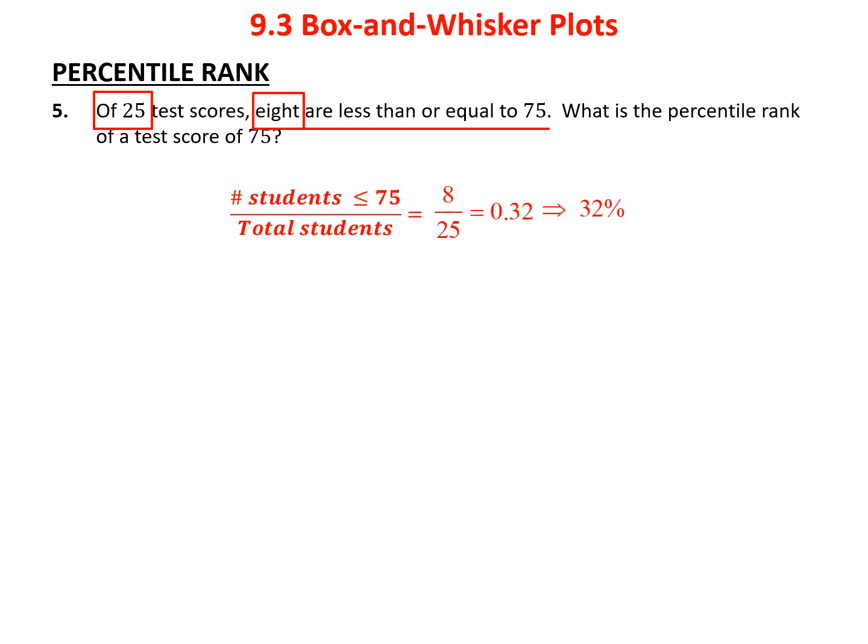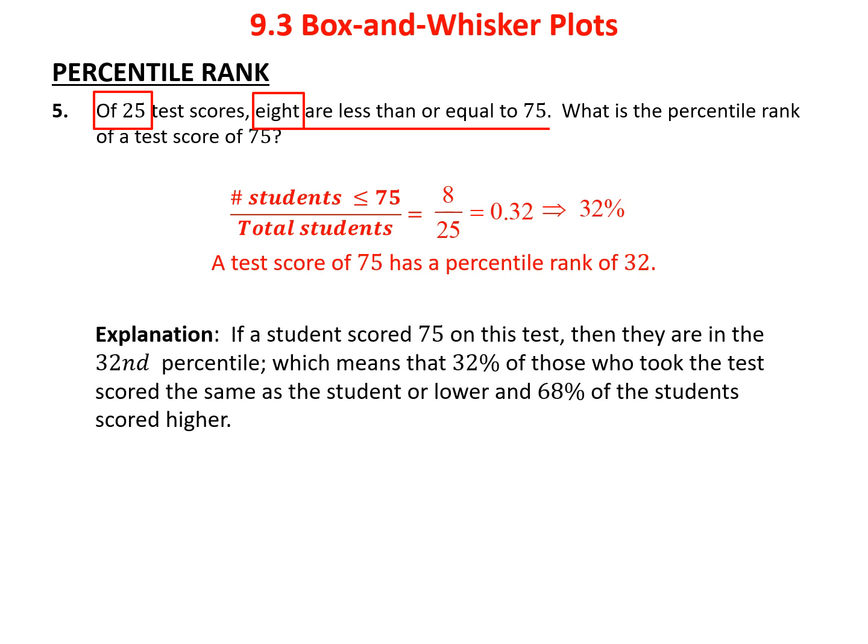32% of the class got a C or lower. That means that if you scored a 75, you're in the 32nd percentile rank. It means that almost a third of your class scored like you did or lower. Two-thirds of your class scored better than you.